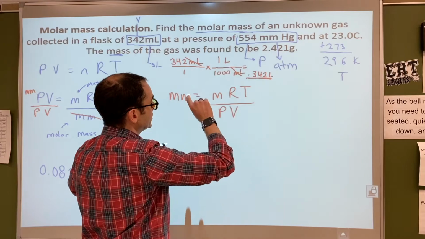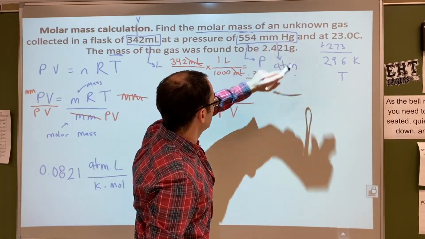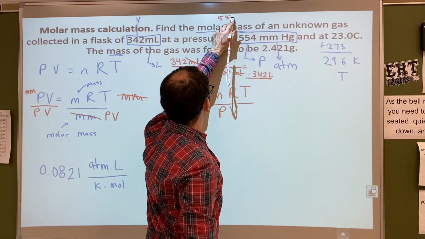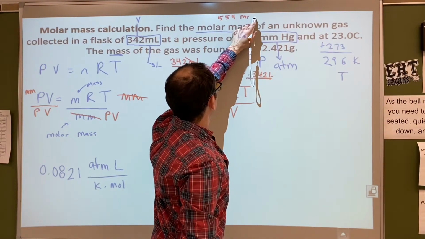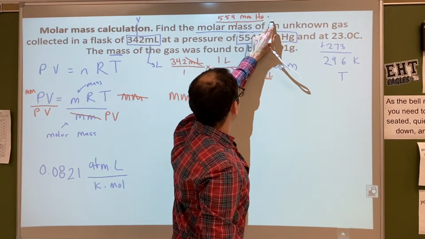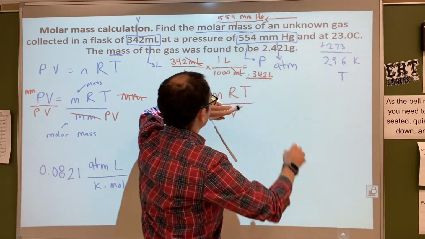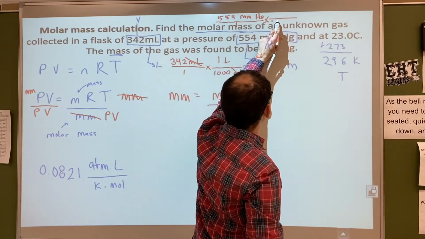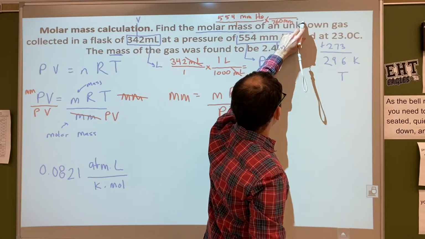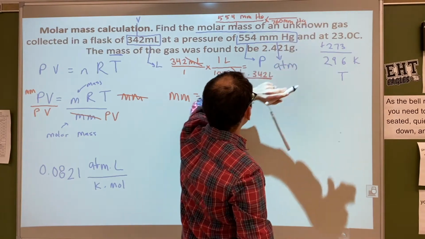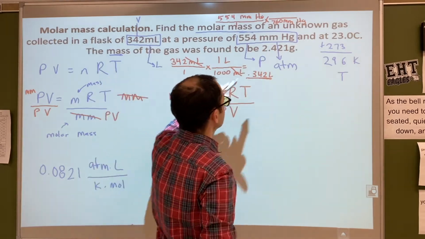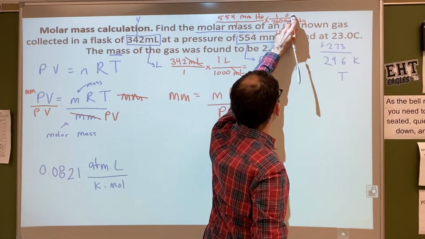Next we need to convert this 554 millimeters of mercury. On the bottom it's going to be 760 millimeters of mercury, just like that homework problem we did where we were converting. And on the top, because it's R, we're looking for ATM, so it'll be 1 ATM.